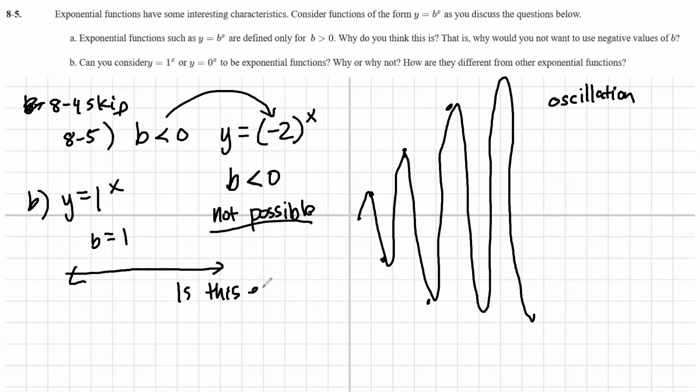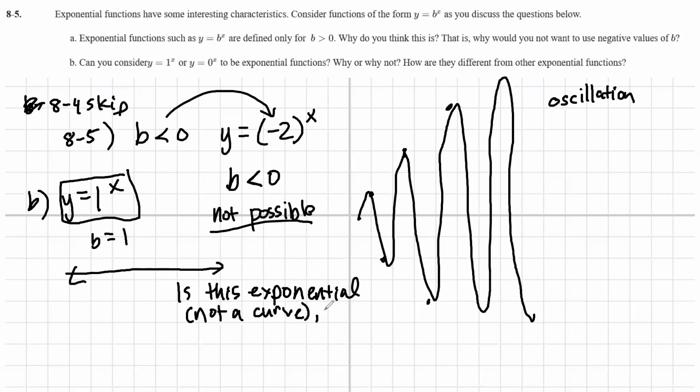No. There's an exponent here, so why isn't it exponential? Because it's not growing. Exactly. It's not a curve. It's a linear graph. It's linear.